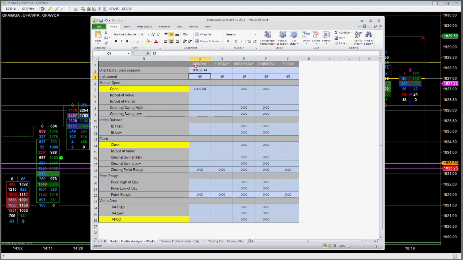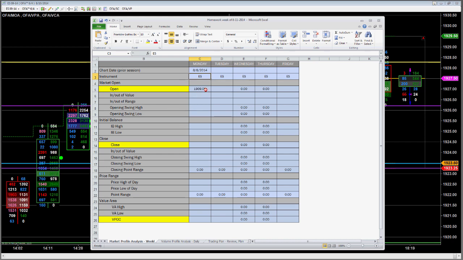So we're going to build a trade plan for Monday, but we're going to use the prior session date, which is the 8th, for Monday. So every Monday using the previous Friday. Does that make sense? That good? Okay, I want to make sure I'm clear with that.